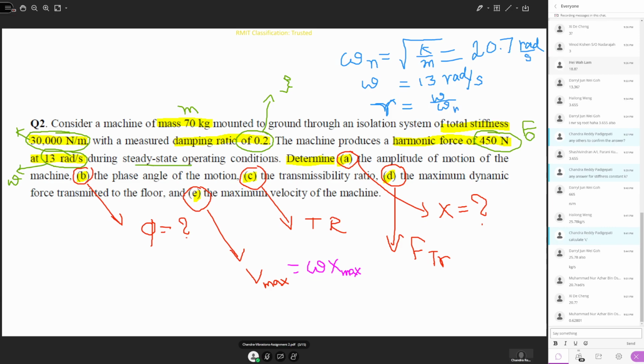So how much do you get for the ratio of frequencies? 0.628, correct, Azhar?